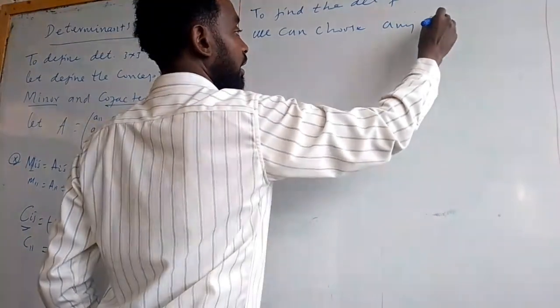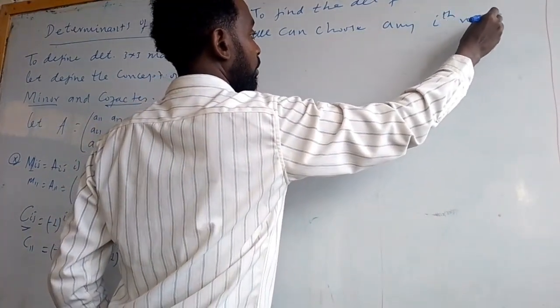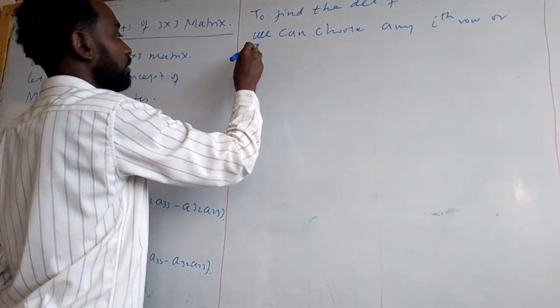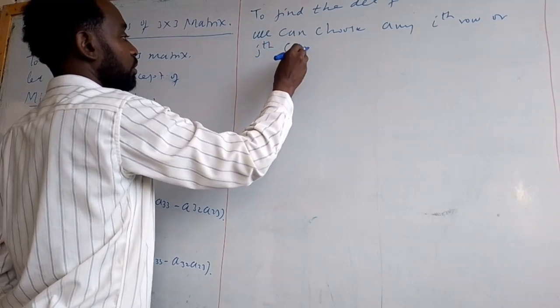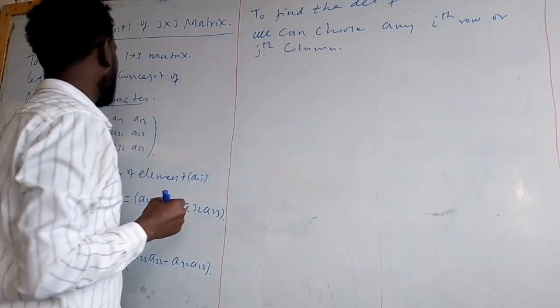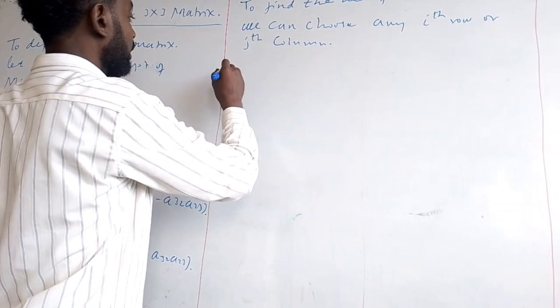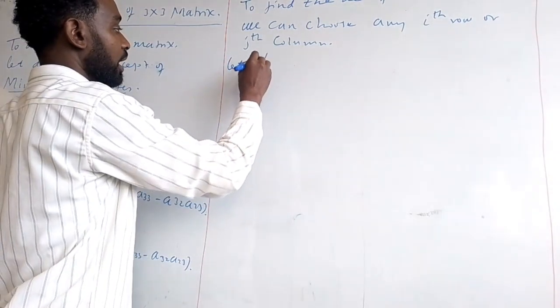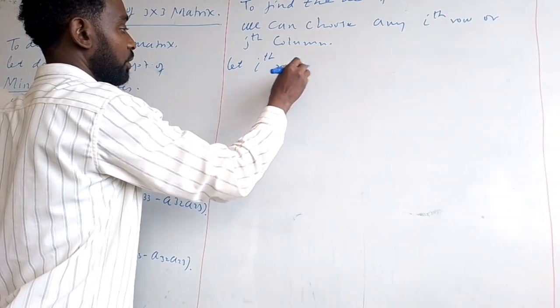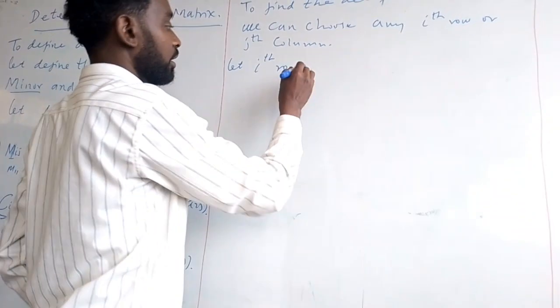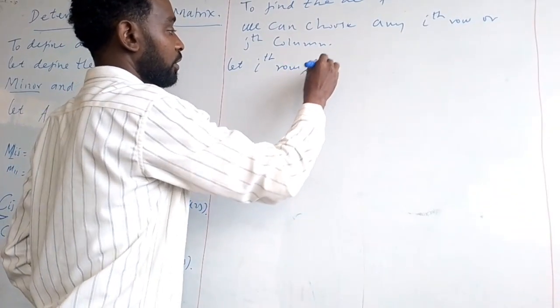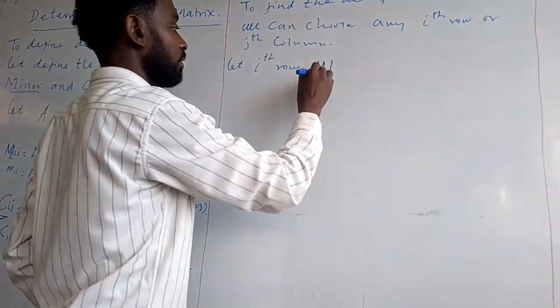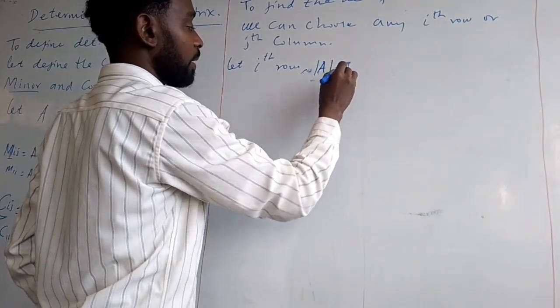The determinant along any column is equal to the determinant along any row of the given matrix, along the i-th row or along the j-th column. There we get equal values. So we have different formulas for along the i-th row or along the j-th column.